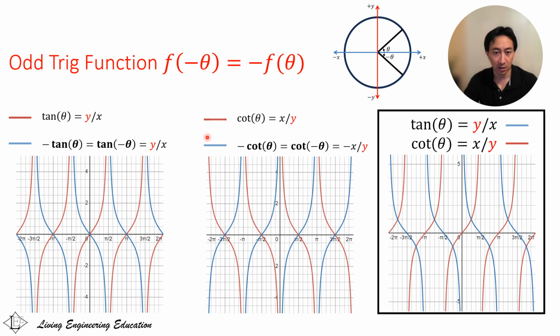And cotan, shown in red, is the same idea, because this is just 1 over the tan term. Negative cotan theta is you take that red graph and fold it across the x-axis, and cotan negative theta is folding across the y-axis.